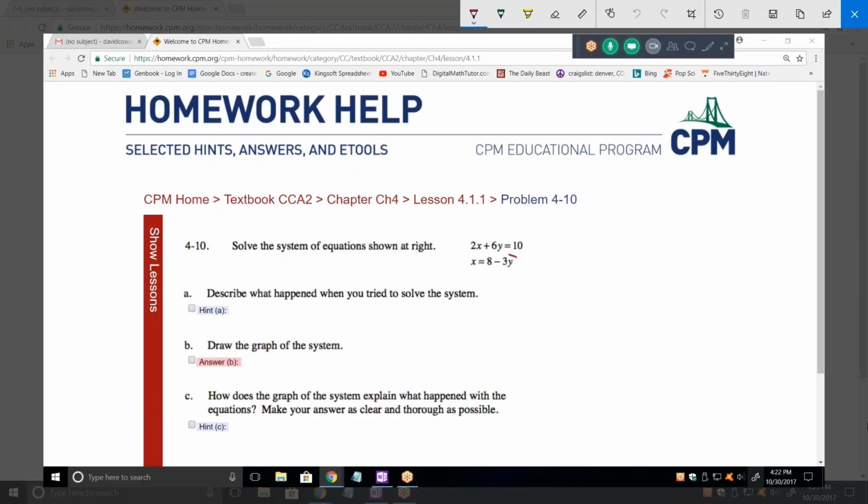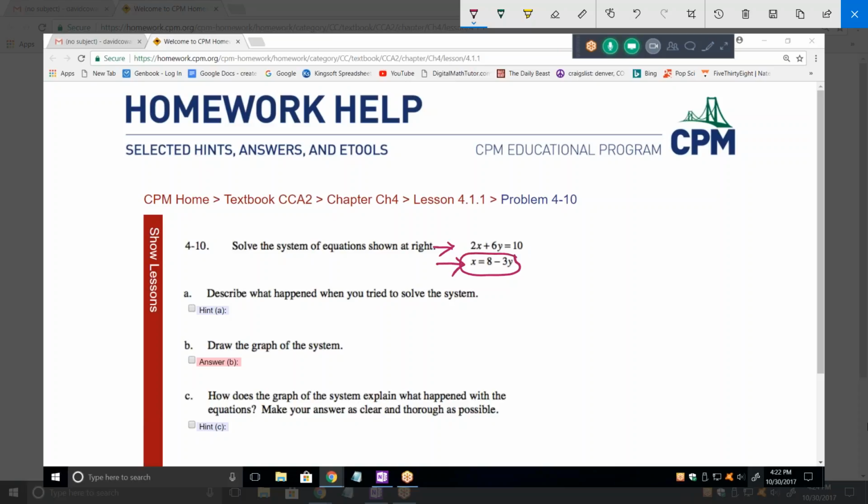This equation right here is fully defined in terms of x. The top one is not. That is not defined in terms of x or y. It's in standard format where x and y are on the left side of the equation. But the bottom one is in x equals something.